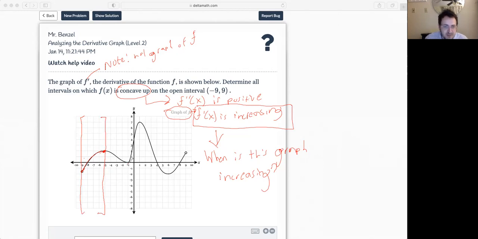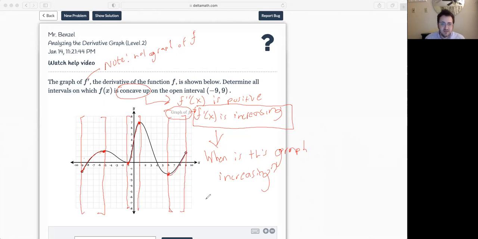And then right about at -1 to 1, this part of the graph is definitely increasing. And I'm just going to be like the solution on Delta Math here. And between 6 and 9, we're increasing.